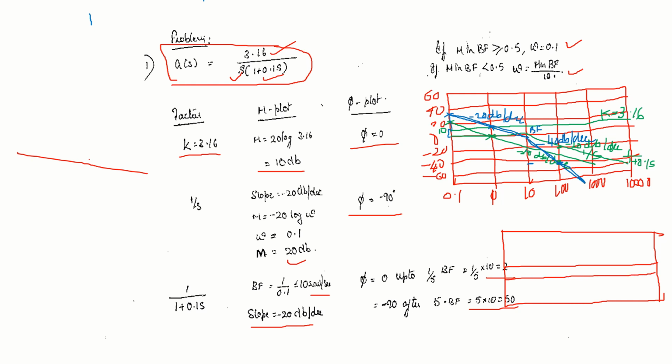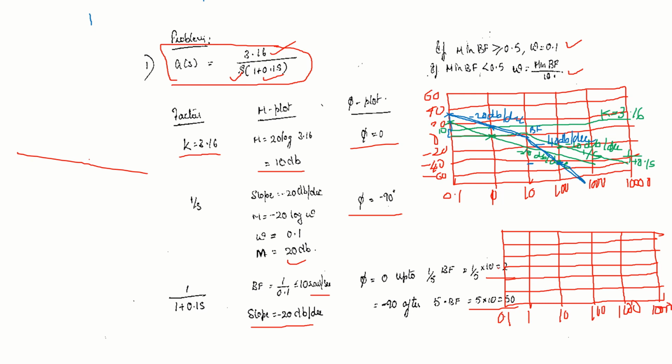Let us say this is the minus 90 degree line, minus 180 degree line, plus 90 degree line, plus 180 degree line, and 1. So it is 0.1, 1, 10, 100, 1000, 10,000.